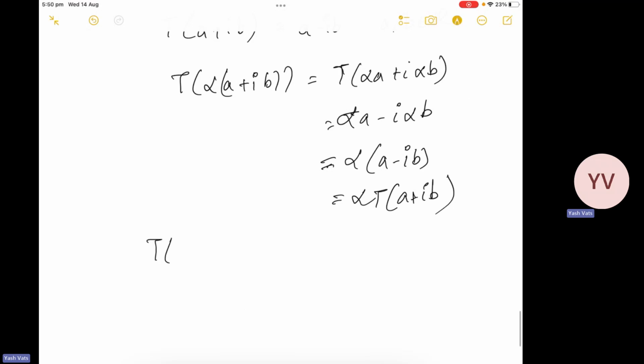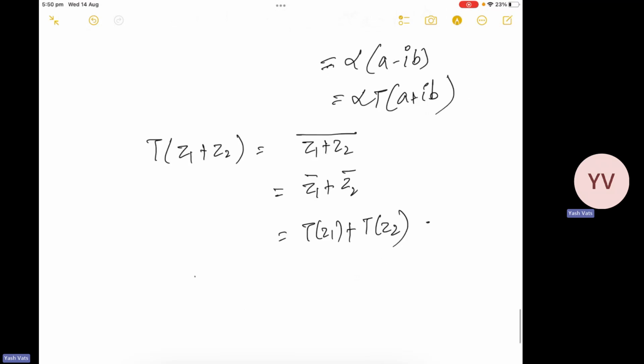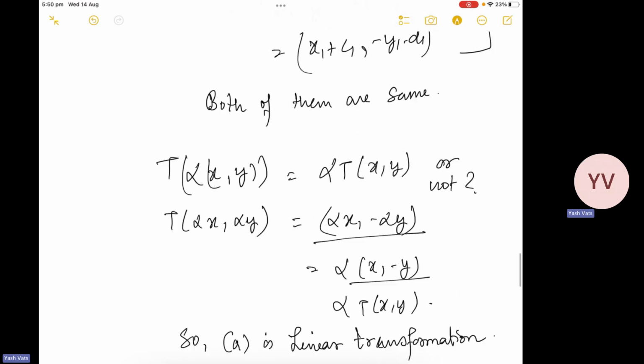What about the first property? You take any complex numbers z1 and z2. Then what is the conjugate of z1 plus z2? It can be distributed, so you get T(z1) plus T(z2). So the first property is also satisfied, so this is true.